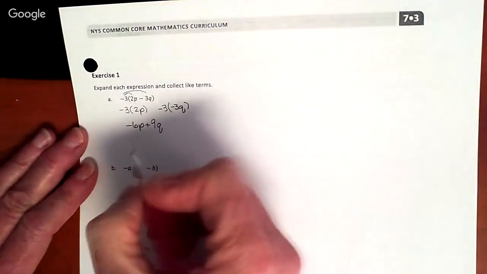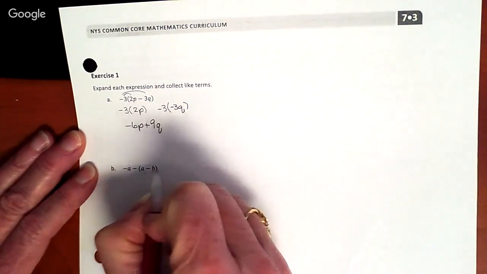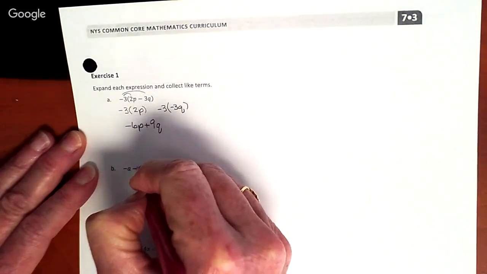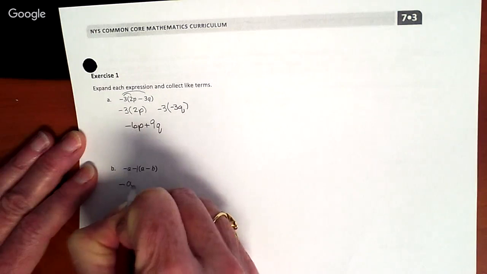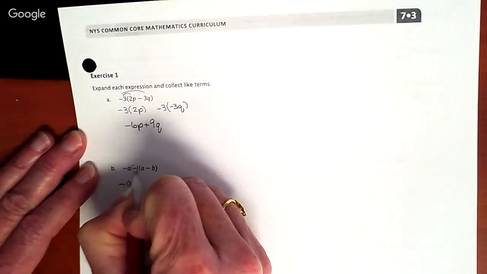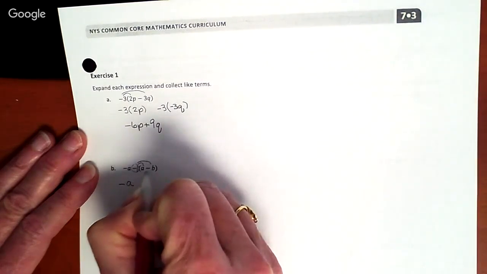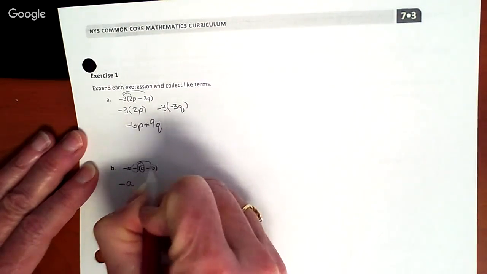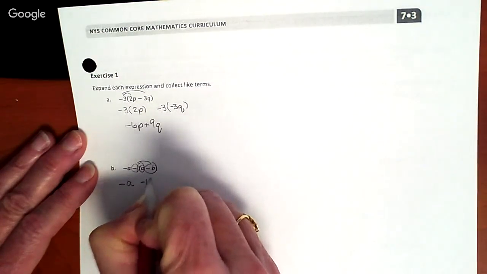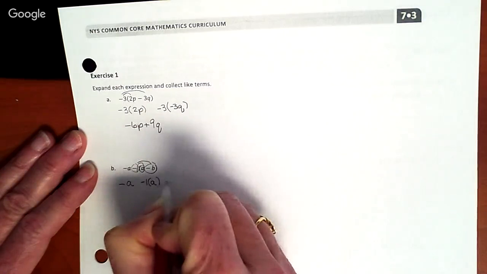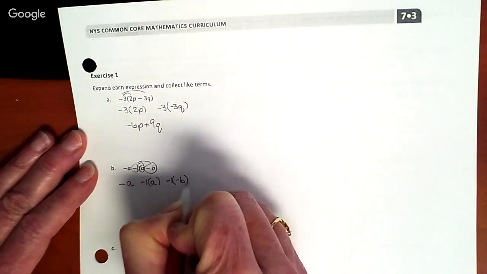Next, we have negative a minus b. In other words, put our 1 here. So we have minus a. Circle this because it's a 1, and we're going to multiply it to everything in here. So a and negative b. So negative 1 times a and negative 1 times negative b.